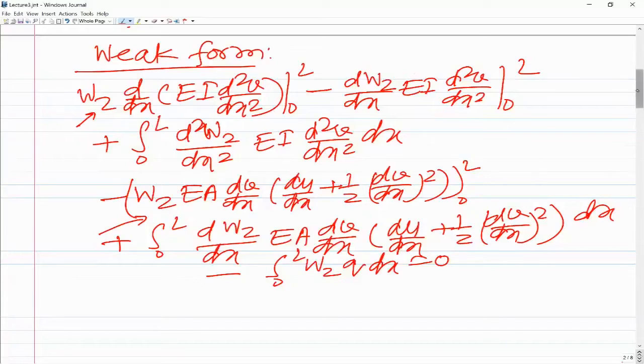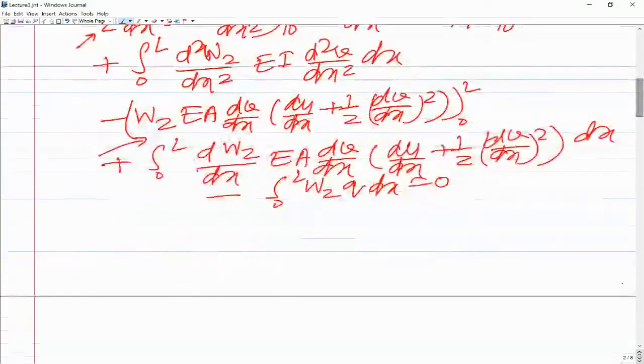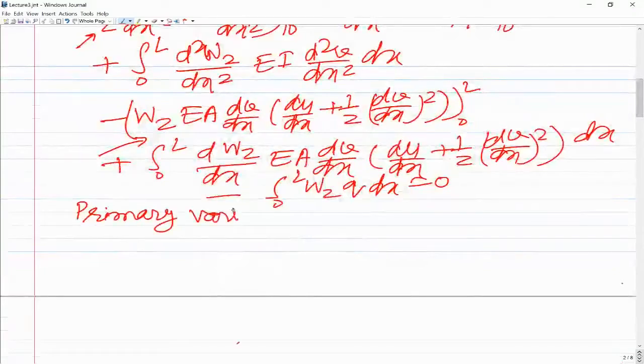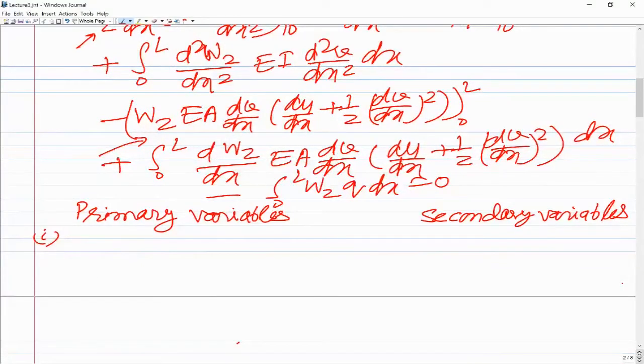So these are going to be the primary variables, and there would be corresponding secondary variables. The first primary variable, as we said from the first equation, in place of w1 we take u.